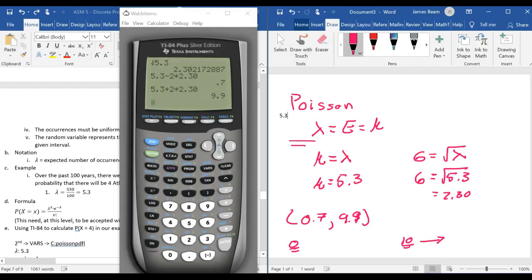And we say that we do or don't support a claim based on whether or not we reject that hypothesis. So probability distributions are the beginning of inferential statistics here.